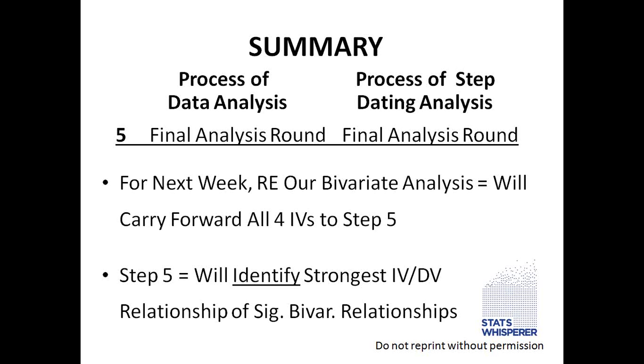However, here, all of them had a significant relationship. So all 4 independent variables are carried into step 5. And then next week in step 5, we'll determine the strongest independent-dependent variable relationship among all these variables that had a significant relationship in step 4, the bivariate relationships.